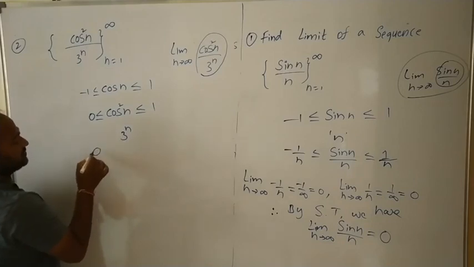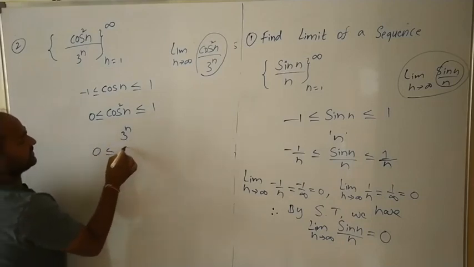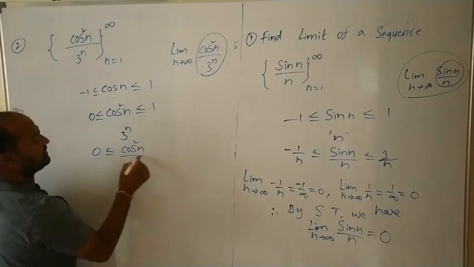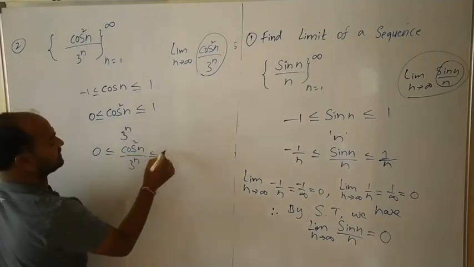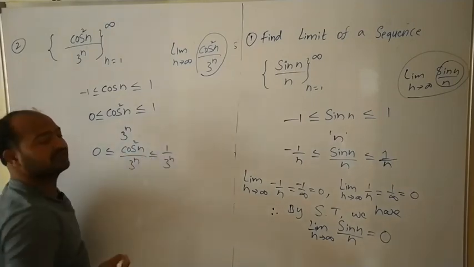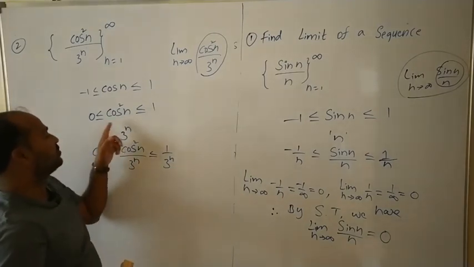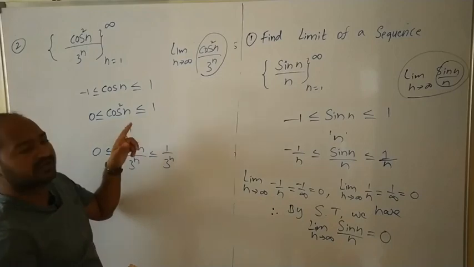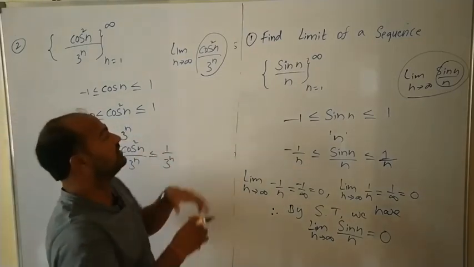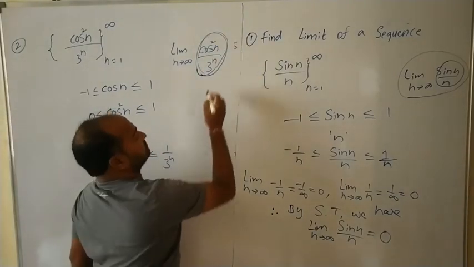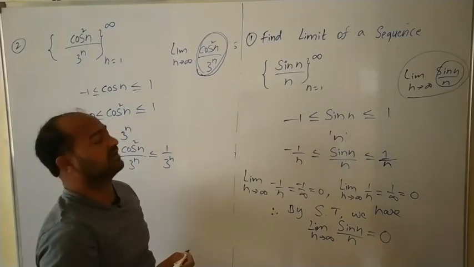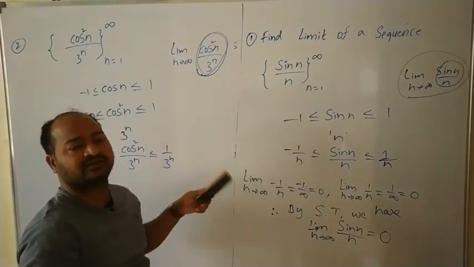Here we get 0/3ⁿ, that is 0, less than or equal to cos²(n)/3ⁿ, less than or equal to 1/3ⁿ. I am dividing throughout by 3ⁿ because we want to find the limit of the term cos²(n)/3ⁿ.